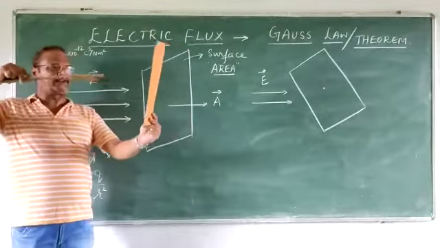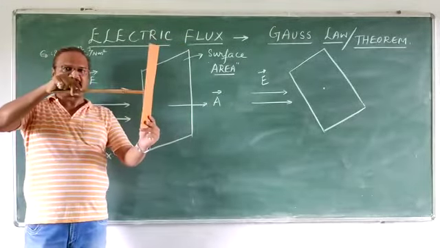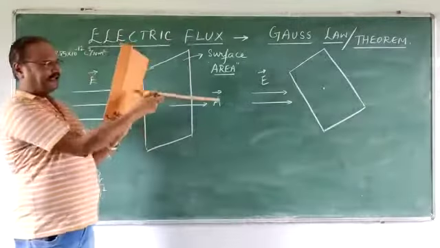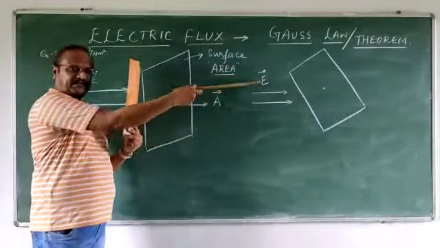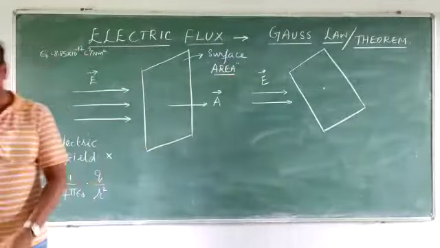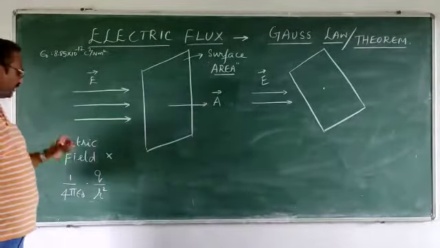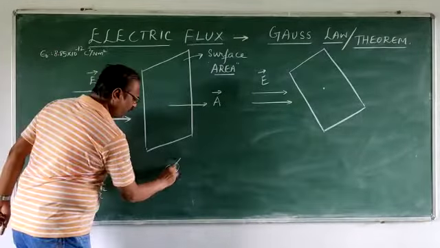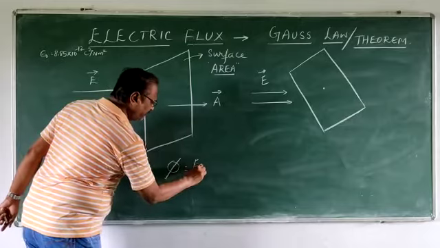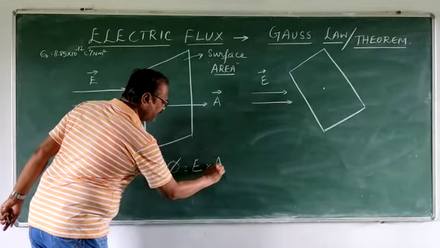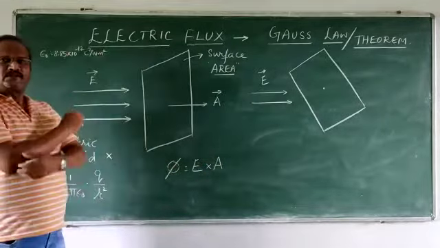Okay, now electric field is passing through like this, and you can think area vector is like this. Both of them are in the same direction. So we define the electric flux phi. We call it as phi. That is equal to electric field multiplied by the area vector.